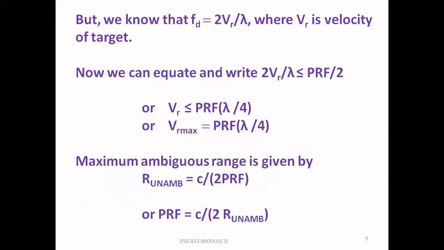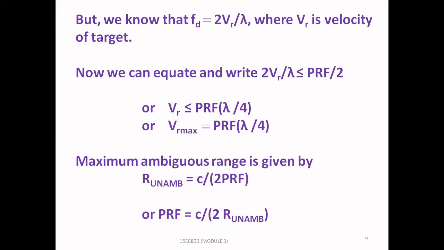But we know that Fd equal to 2 Vr by lambda, where Vr is velocity of target. Now we can equate and write 2 Vr by lambda less than or equal to PRF by 2, or Vr less than or equal to PRF into lambda by 4, or Vr max equal to PRF into lambda by 4.